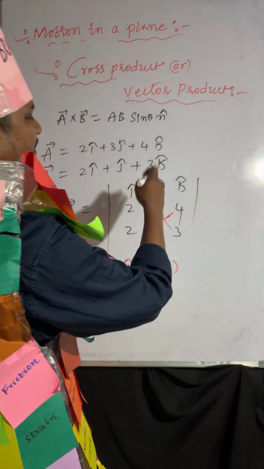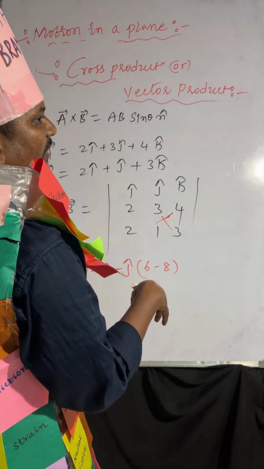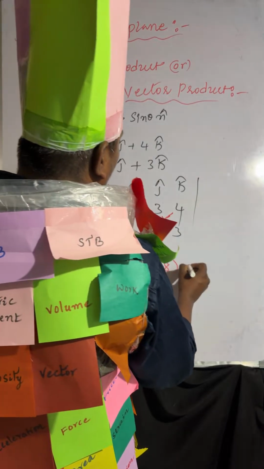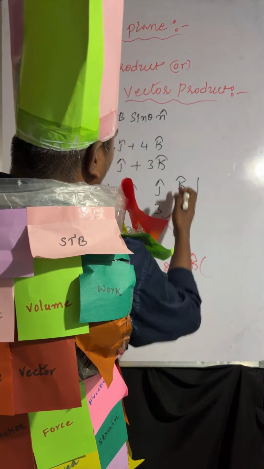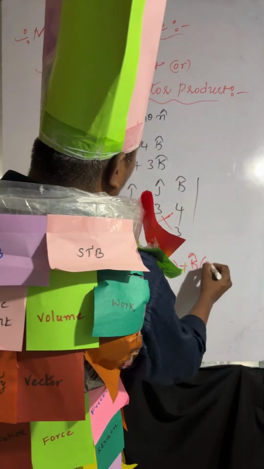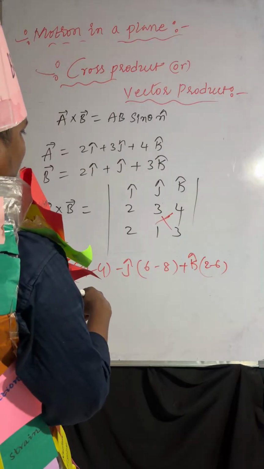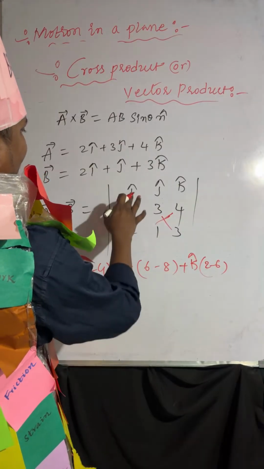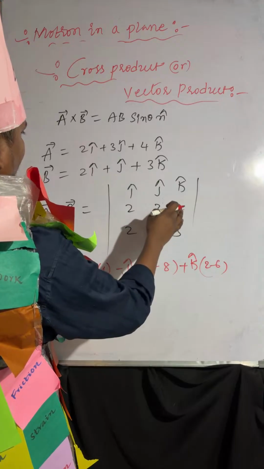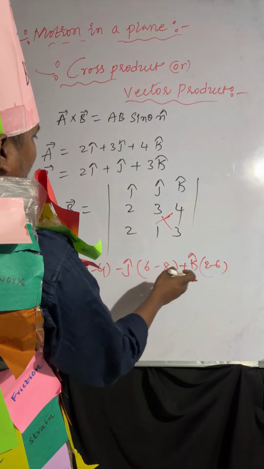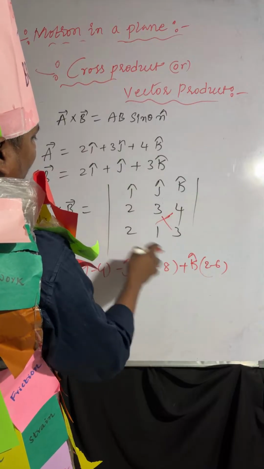You have to remove this column. Now for k cap: 2 minus 6. Understood? Once again: i cap 9 minus 4, minus j cap 6 minus 8, plus k cap 2 minus 6.